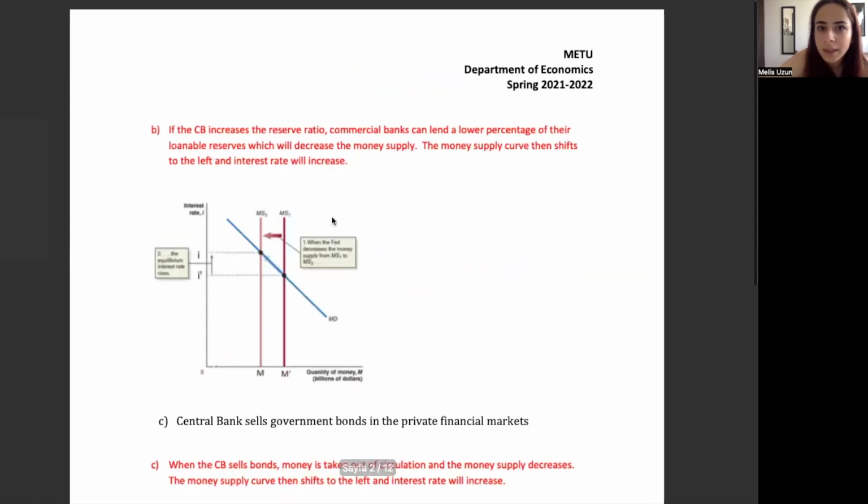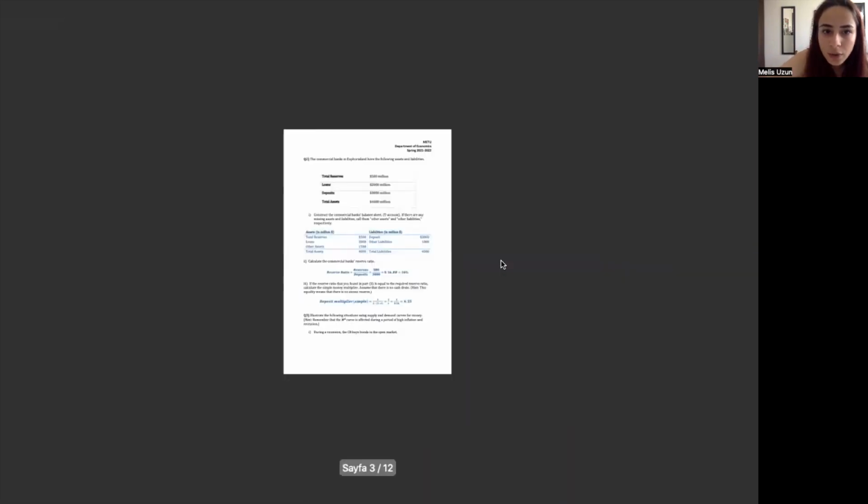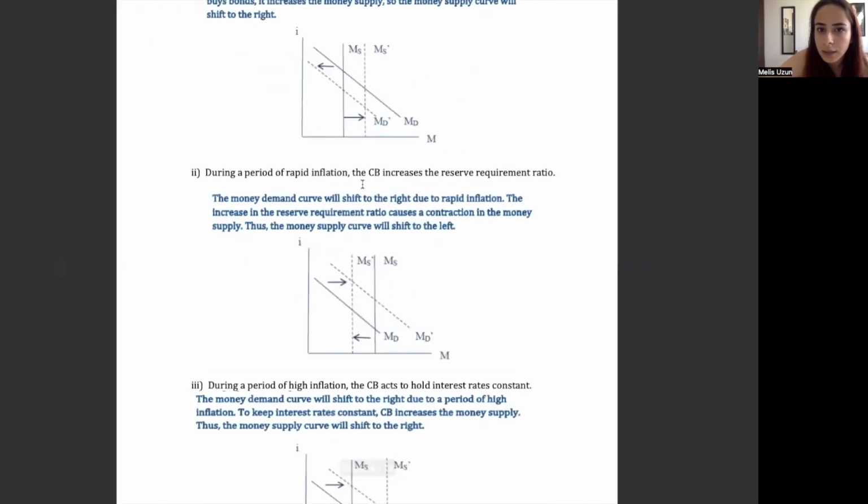When the central bank increases the reserve ratio, commercial banks can lend a lower percent of their loanable reserves. That's why money supply decreases. So again, in this question, the central bank increases the same ratio, so money supply decreases. And because of the inflation, money demand increases. So the new money supply is this, and the new money demand is this.